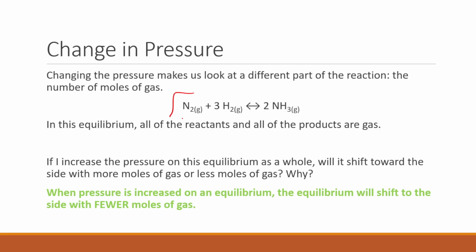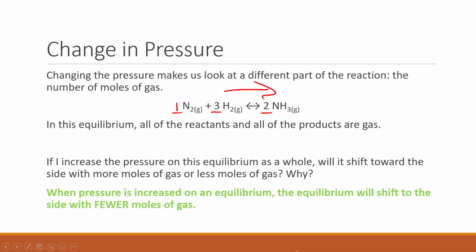If I take this equilibrium and I increase the pressure, I am going to shift to the right. Why? Because the left side has a total of 4 moles of gas, while the right side has a total of 2 moles of gas.